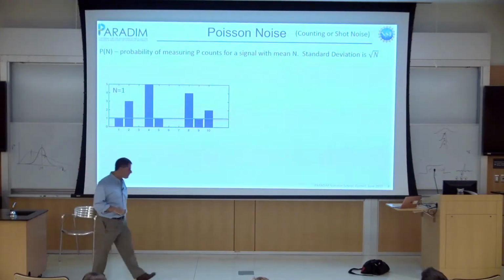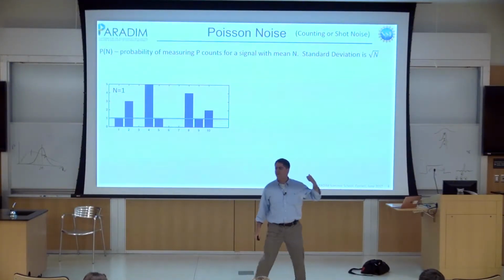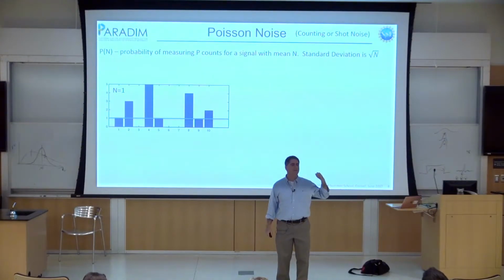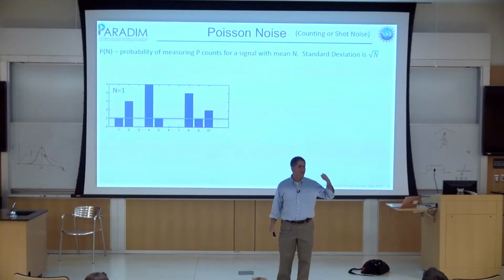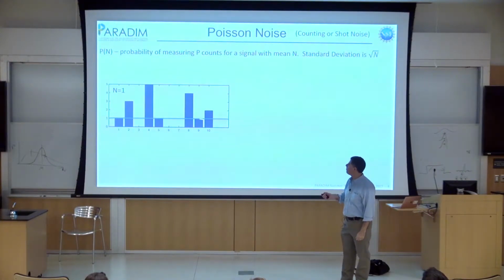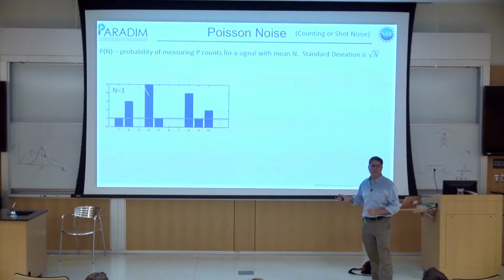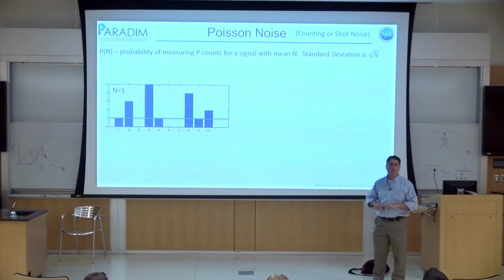The problem is, when you're doing things like EDX mapping, you get very, very few counts. And so your EDX map line profile might look like this. The EDX software is very naughty, and it will try to smooth this all out and make it look nice and smooth.